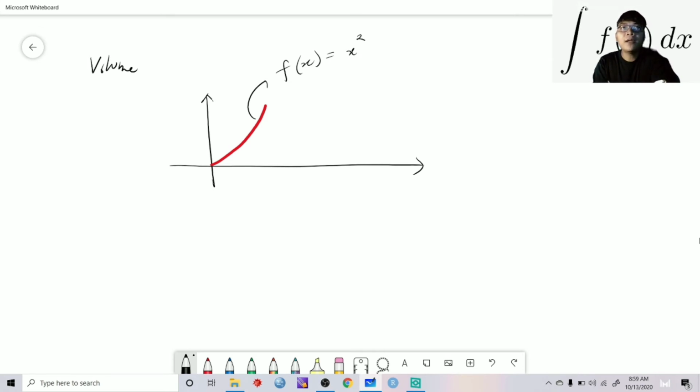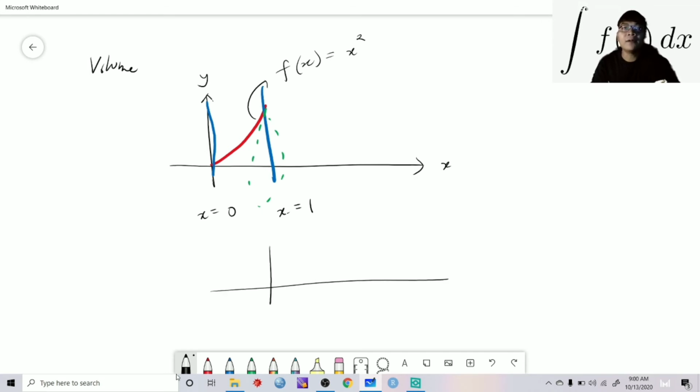For example, if we bound this function from x equal to 0 to x equal to 1, and then we revolve this function about the x-axis, so this is x, this is y, you will get this kind of figure.